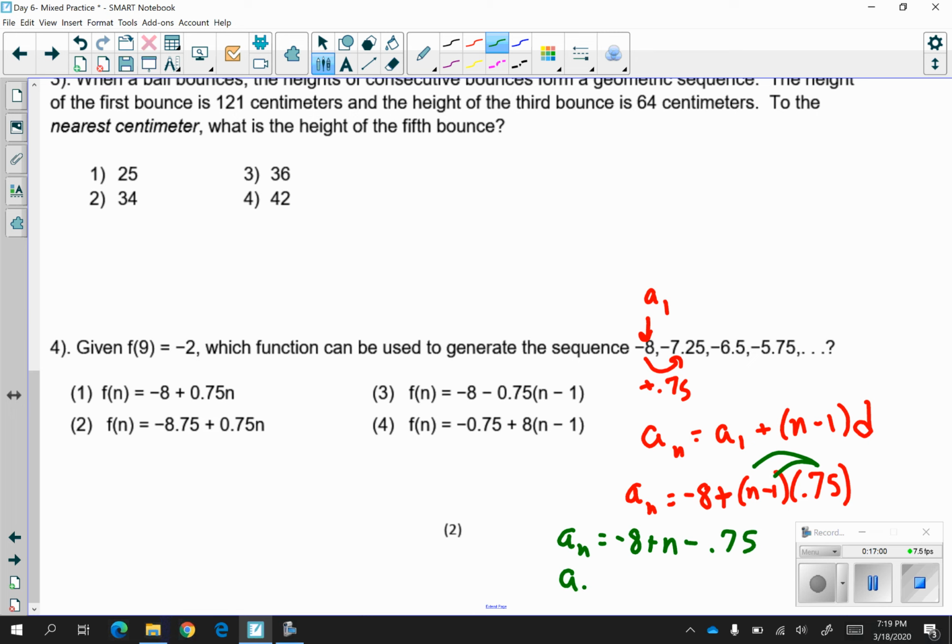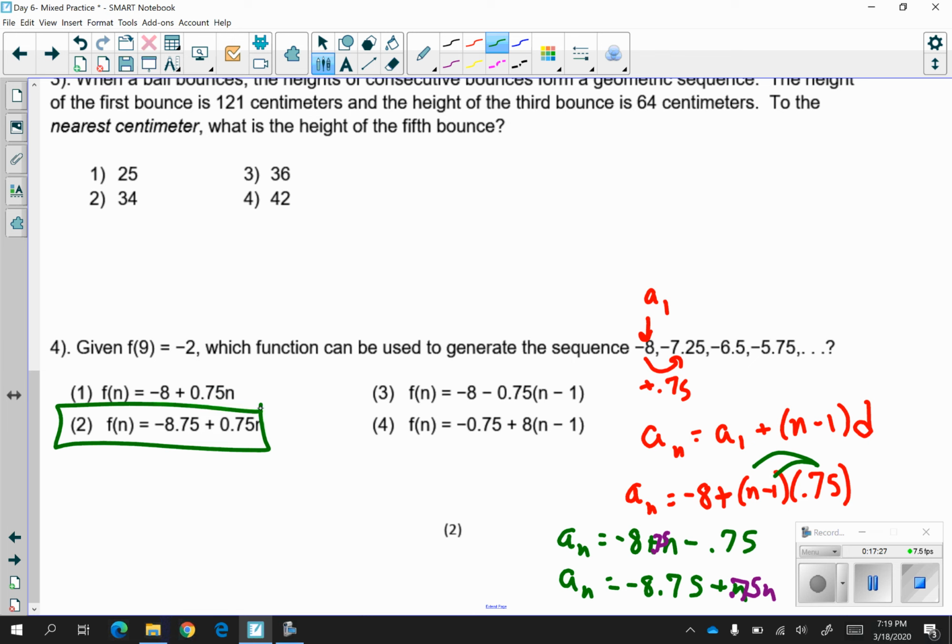And if you simplify, that's going to be -8.75 plus n. Oh, whoops, I forgot to multiply and actually distribute, which is what I said to do. This should be 0.75. And this should be 0.75n as well. And then once you properly distributed, you see that it's going to be choice 2.